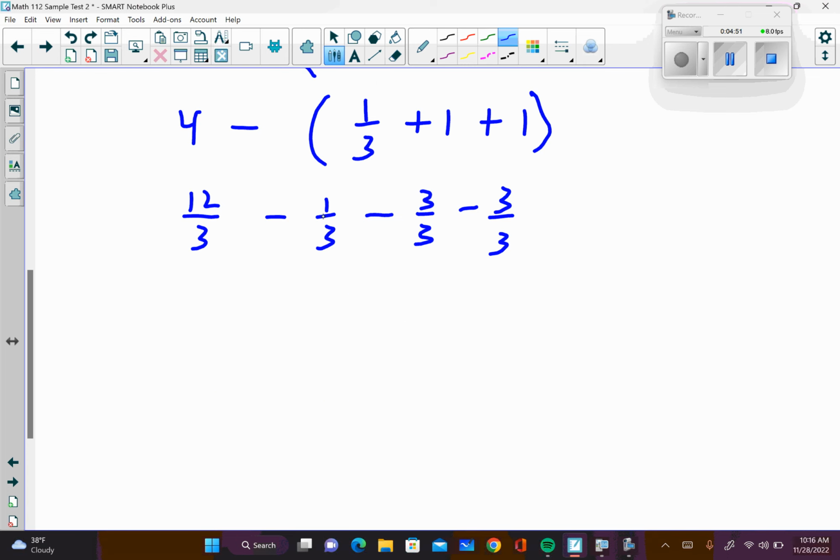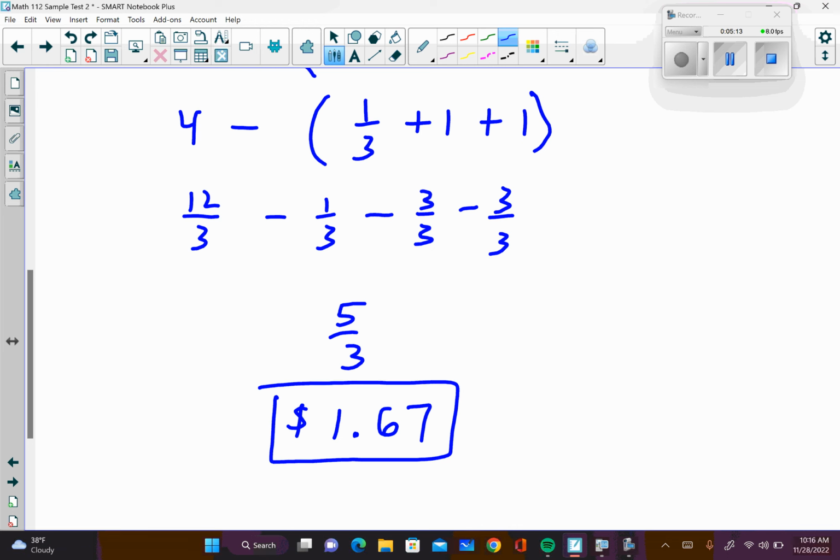So 12 minus 1 is 11. 11 minus 3 is 8. And 8 minus 3 is 5. So that's 5/3. And 5 divided by 3 is approximately $1.67. Did that on my calculator.